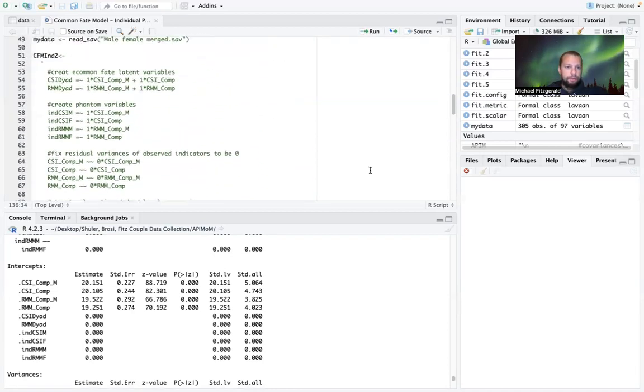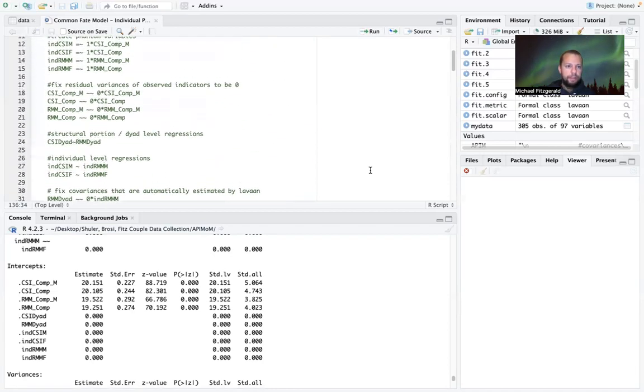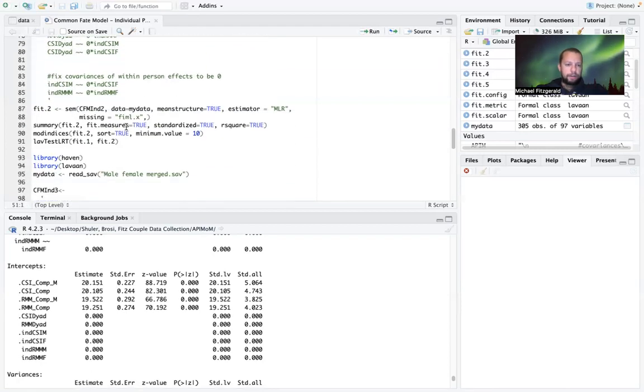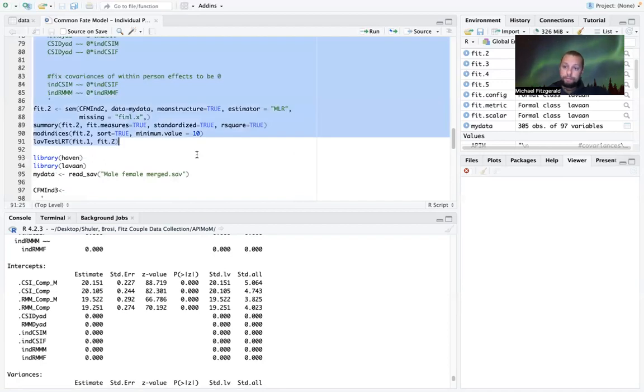So the third model that we will run is going to be kind of an extension or a hybrid of both of the models that we've covered thus far. Rather than jumping straight from the individual effects to having actor and partner effects at the individual level, we can simply constrain the actor effects to equality.